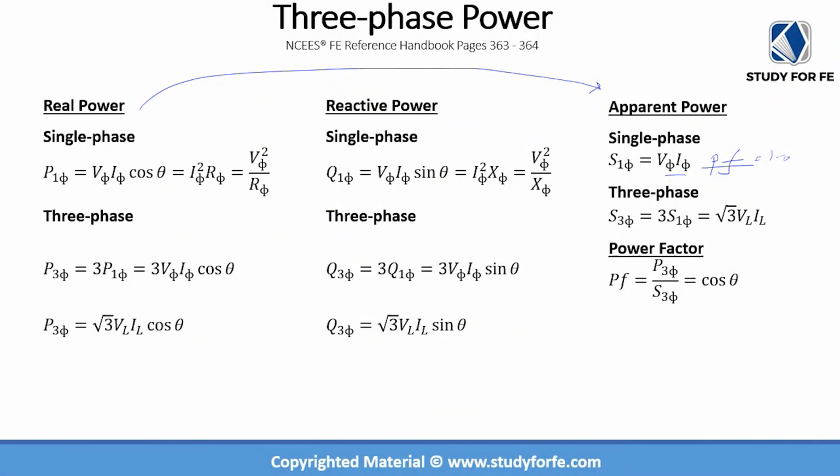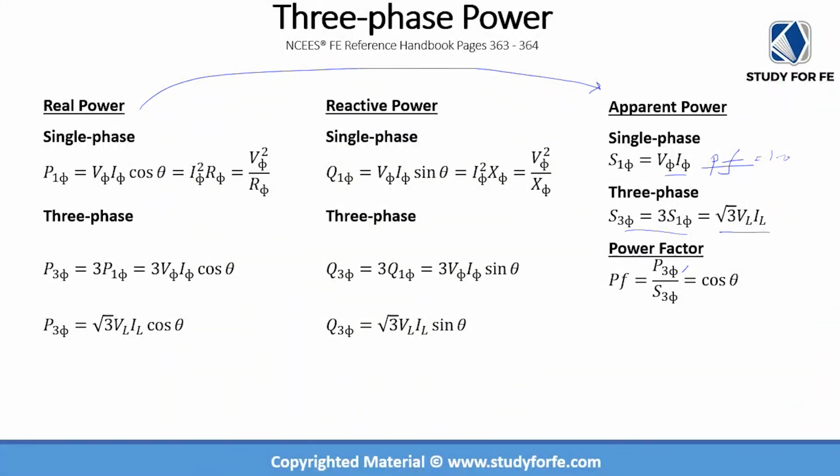Apparent power includes both the real power and the reactive power. Three-phase apparent power is simply 3 times single-phase apparent power, and that can be expressed as square root 3 times V line-to-line times I line. Power factor is simply the ratio of your real power to apparent power. If you're dealing with single-phase systems, that becomes P single-phase divided by S single-phase.